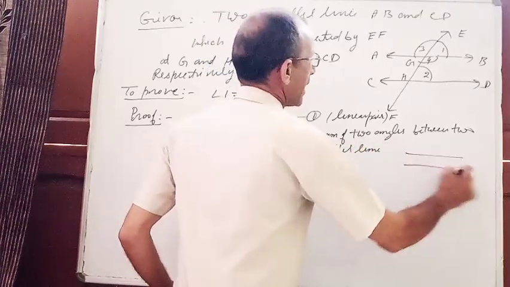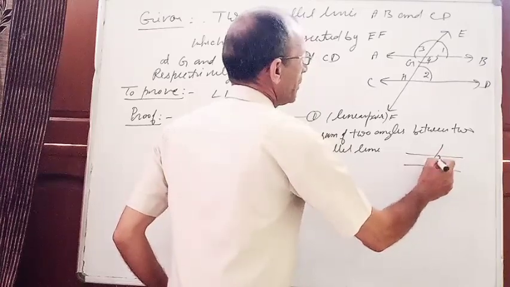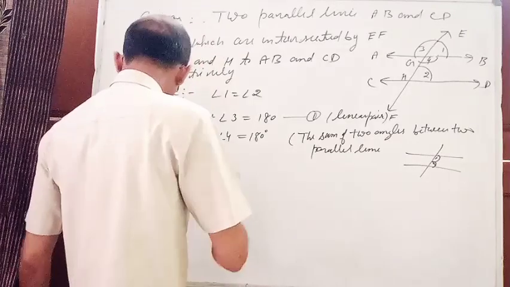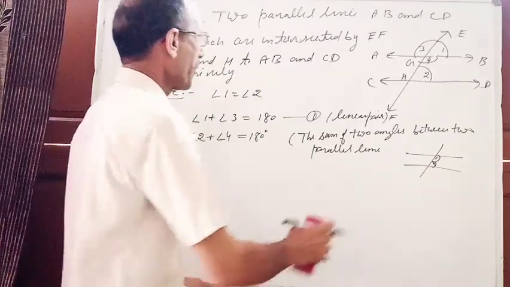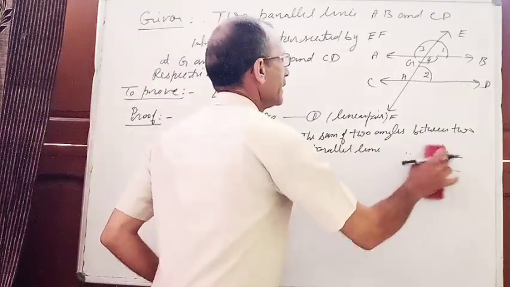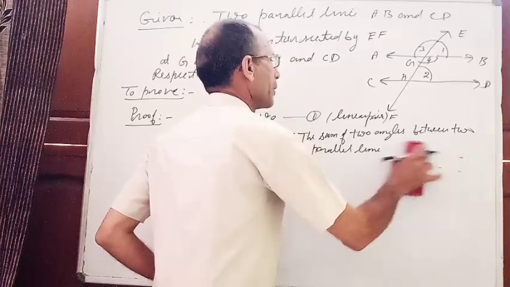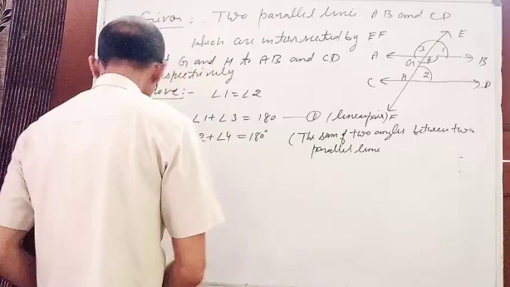If two parallel lines are there, then the sum of the interior angles on the same side will always be 180. So angle 2 plus angle 4 is equal to 180 degrees.